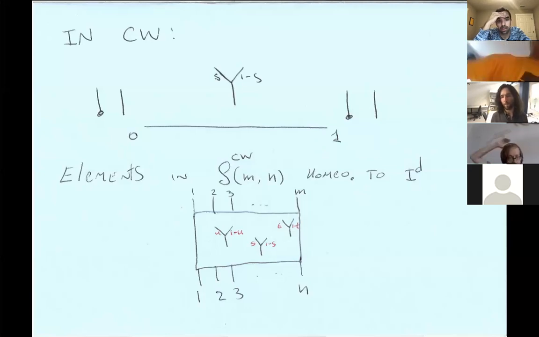So I'm going to attach this cell by putting its 0 endpoint and attaching it to this element in that cellular space. This is a 0 cell in the space, and I attach the other end to this 0 cell over here.